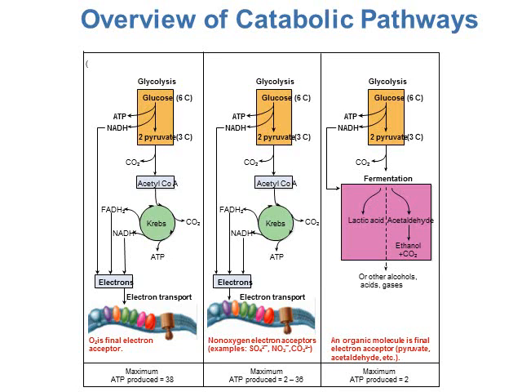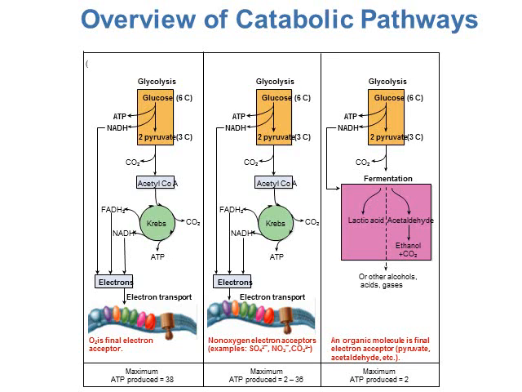So this first panel on the left, again, is aerobic respiration with oxygen. And you can see that at the very end, oxygen is the final electron acceptor, because you have oxygen available. Also, at the very end, the maximum amount of ATP that's produced is 38 molecules of ATP. So that's important when we look at the other two.